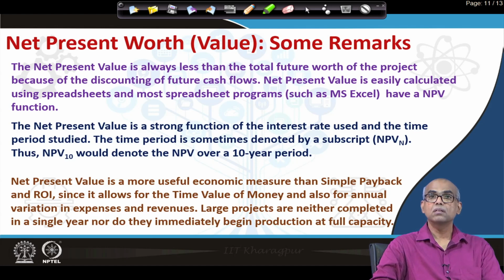Large projects are neither completed in a single year, nor do they immediately begin production at their full design capacity. So, it is important to take care of the time value of money as well as annual variations in expenses and revenues.